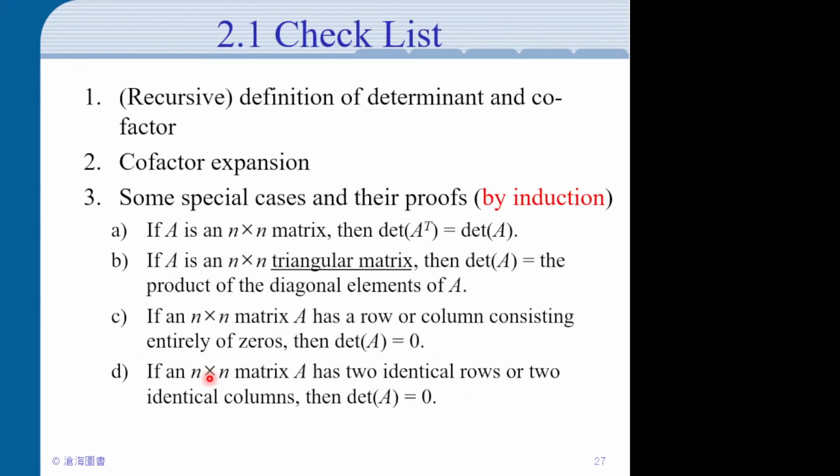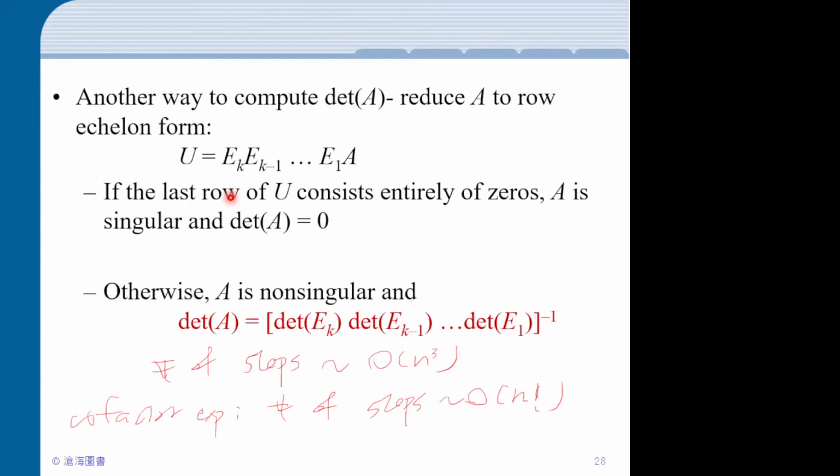So instead of doing the recursive definition, we can also once again use Gaussian elimination to calculate the determinant. That is, you find a whole bunch of row operations and reduce your matrix A to row echelon form.